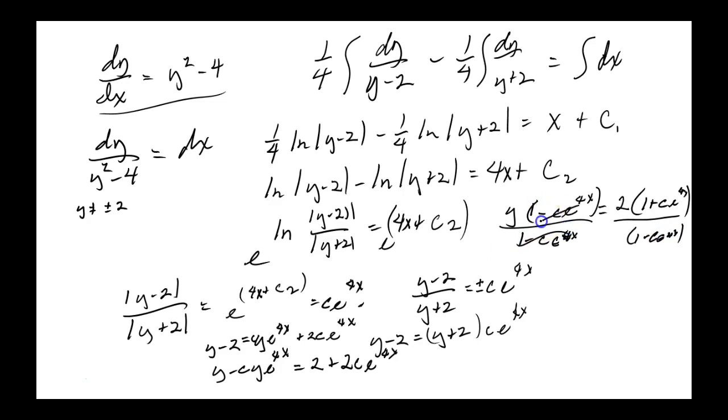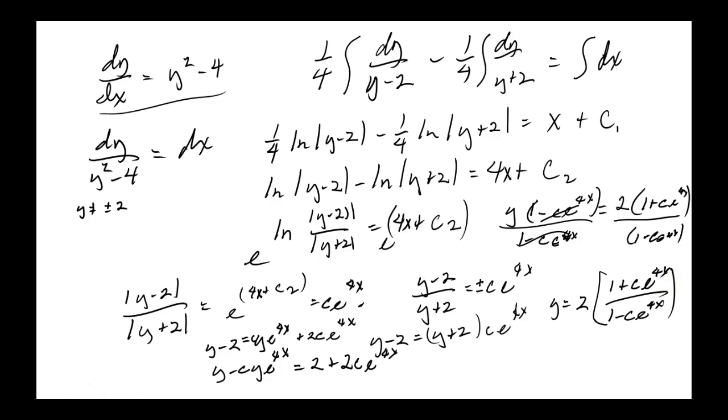And there you have your solution. The one that they have here is y is equal to 2 times 1 plus c e to the 4x over 1 minus c e to the 4x. And there is the solution they have.